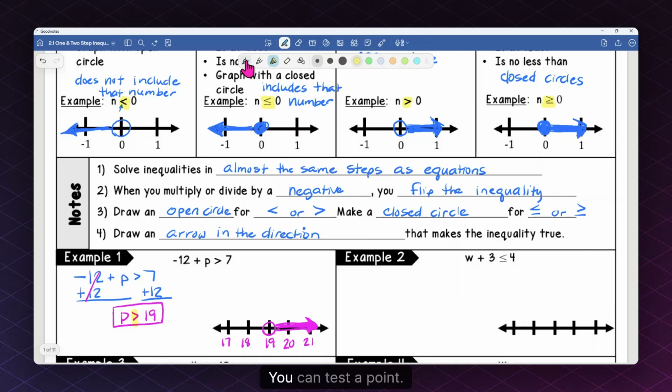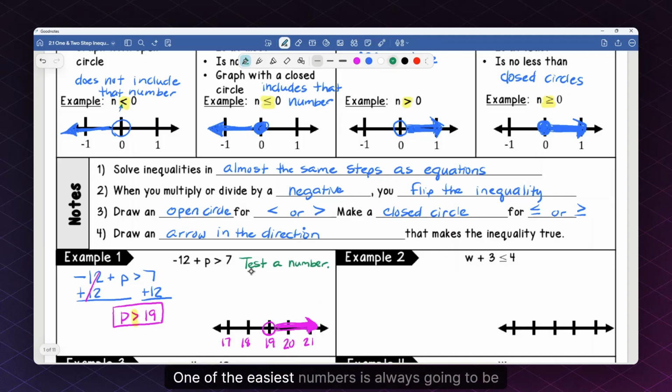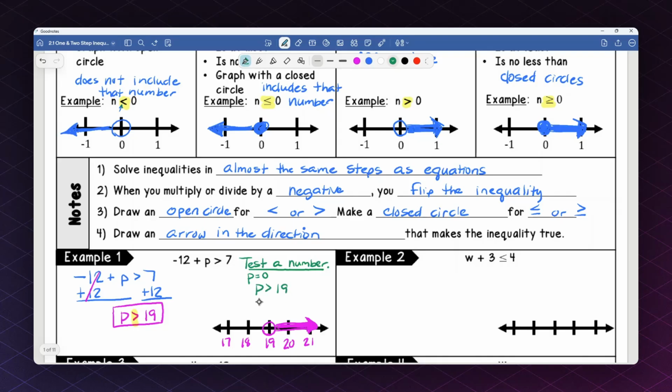Okay. This symbol gave us a clue that that's the way that we draw it, but I also want to point out something. You can test a point. So let me show you what I mean about testing a number. One of the easiest numbers is always going to be 0. So if I just pick a number and I pick 0, let's say P equals 0, and I drop it in here for P. So instead of P, I'm going to write 0.